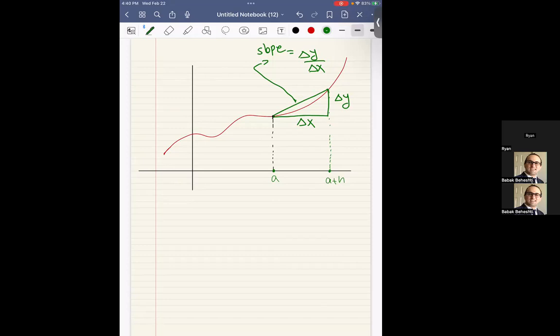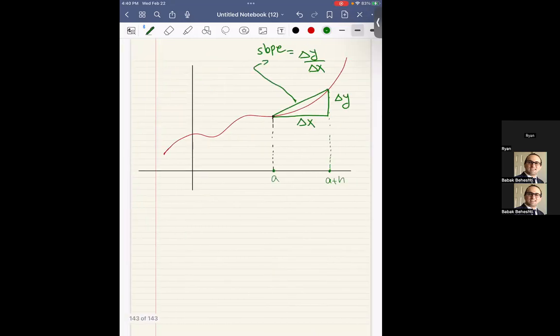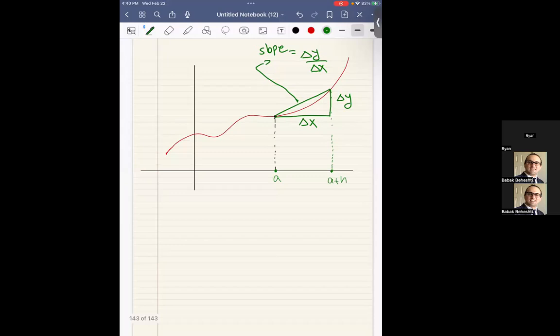Now, what is the instantaneous rate of change? When this x interval goes to 0, that means this interval becomes smaller and smaller, then we have the instantaneous rate of change.